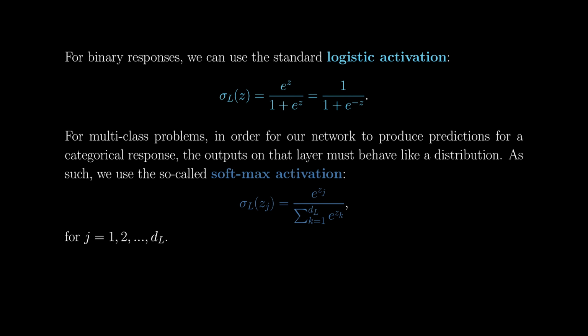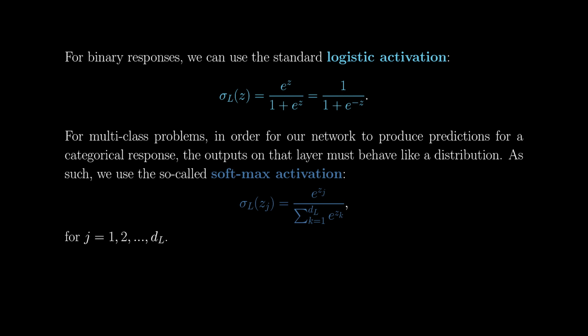Okay, so this follows since in order for our network to produce predictions for the categorical response, the outputs on that layer must behave like a distribution, with the probability attached to each outcome being subject to the constraint that all the probabilities on the output layer must sum to 1.